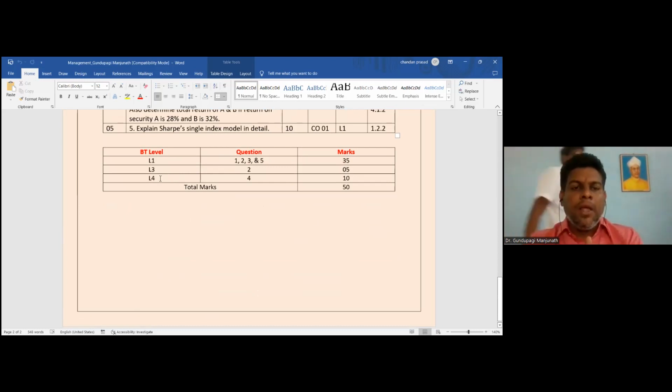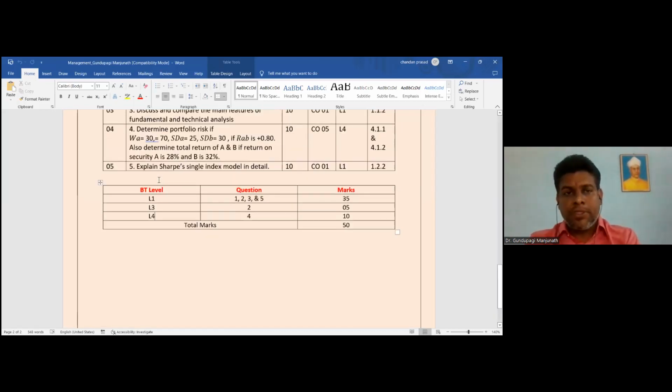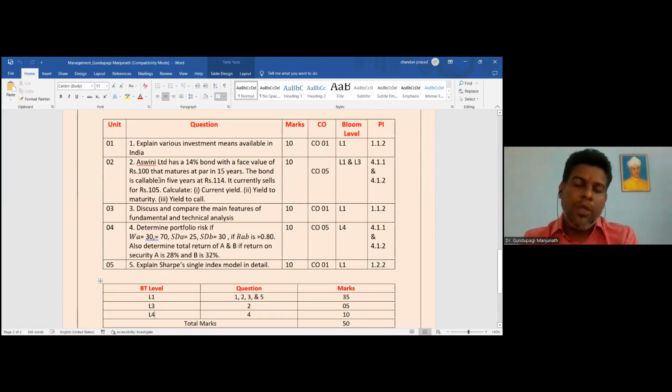Level 4 questions, how many? And how is the allocation of marks? If more questions are from level 3 or level 2 or level 4, or sometimes you can distribute the questions equally in the question paper. Say, for example, level 2 one question, level 3 one question, level 4 one question. So 3 questions you have given from different levels.